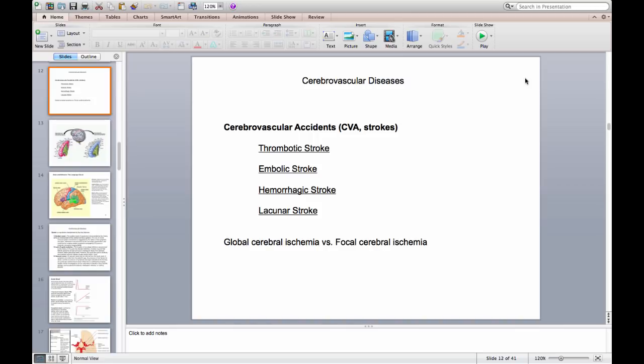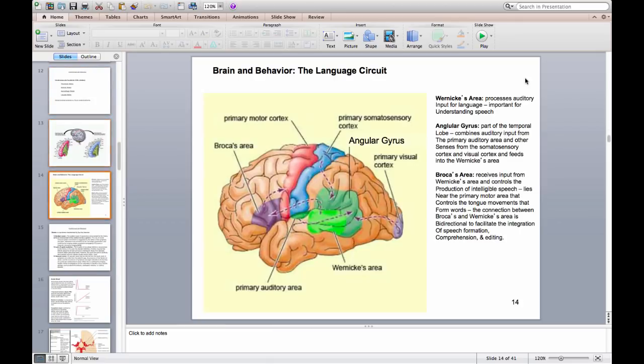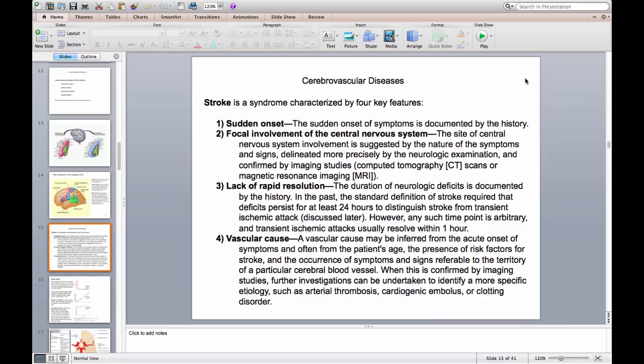So when we talk about classic stroke, it tends to include the thrombotic, embolic, and the lacunar. That's classic stroke, and it tends to have these common features that we talked about: sudden onset, focal involvement, lack of rapid resolution, and a primarily vascular cause.